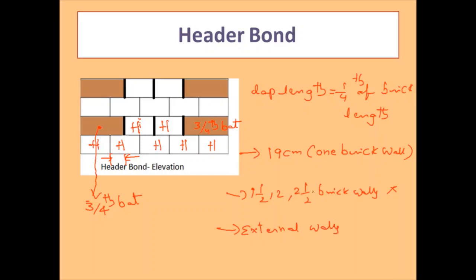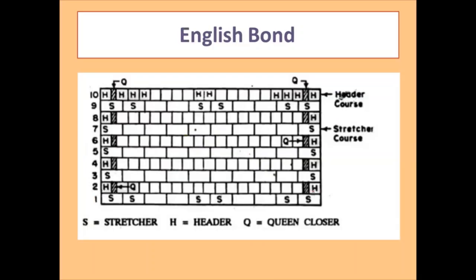Okay. Then the next type of the bond, English bond. So if you take the first bond, stretcher bond, elevation of the wall completely consists of the stretchers, and if you take the second one, header bond, elevation of the wall completely consists of the headers. Then in case of the English bond, if you see the first course, it completely consists of the stretchers, and second course completely consists of the headers.